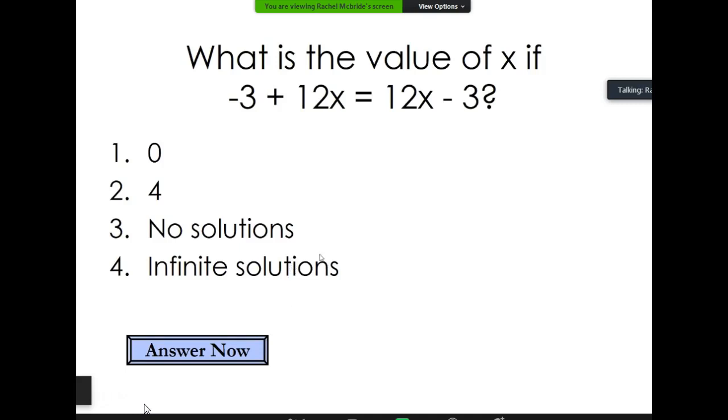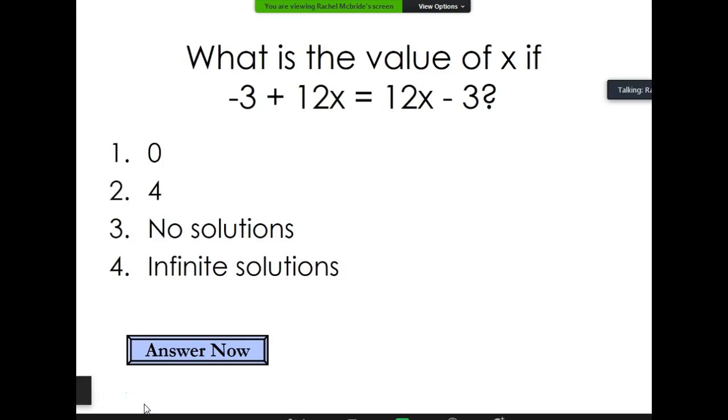All right, and then what is the value of x if negative 3 plus 12x equals 12x minus 3. All right, Abby, got it. Nick, got it. Dominique, got it. Landon, got it. Luke, got ya. Zoe, got ya. Madison, got ya. Someone on Nevaeh, Sierra, Logan, and Colton. Give me a 1, 2, 3, or 4. All right, Sierra.